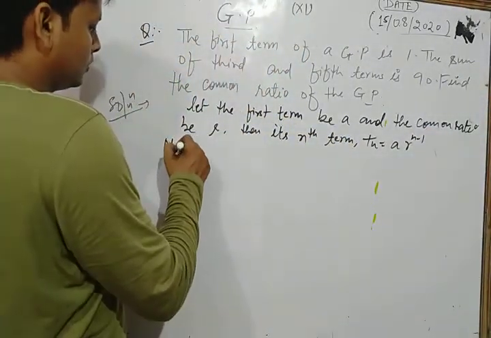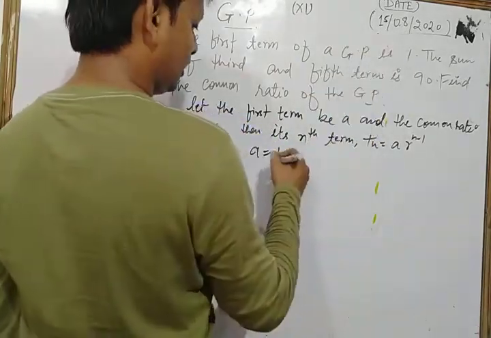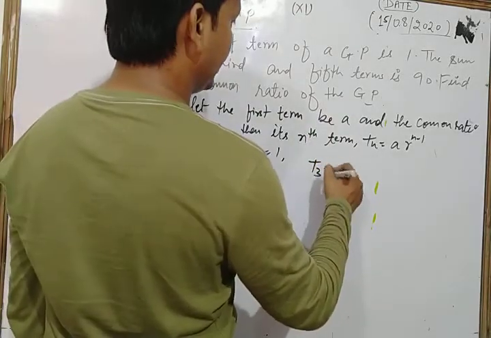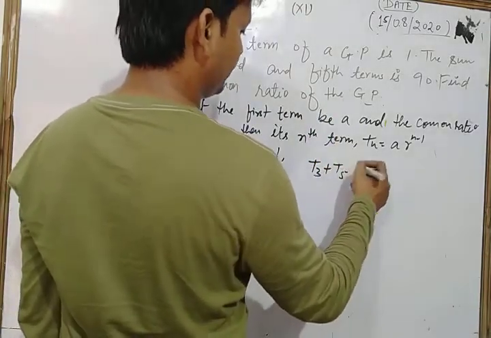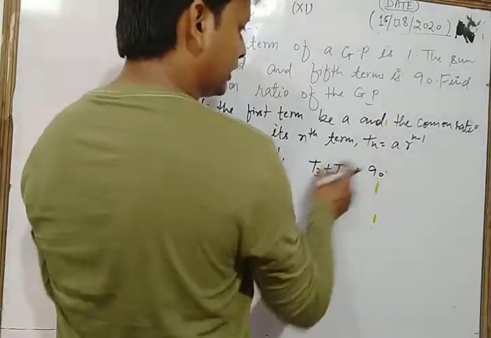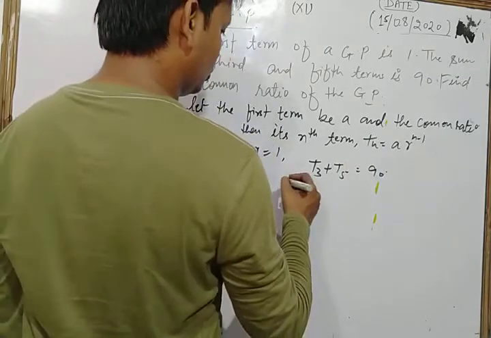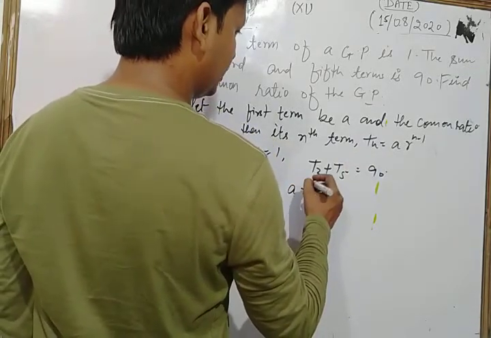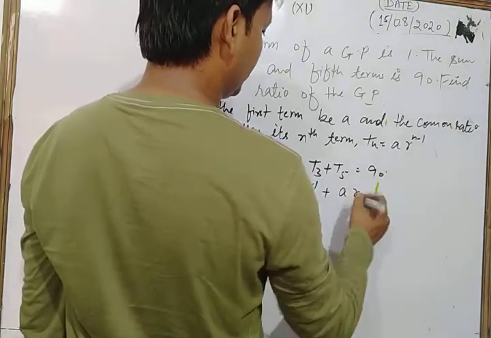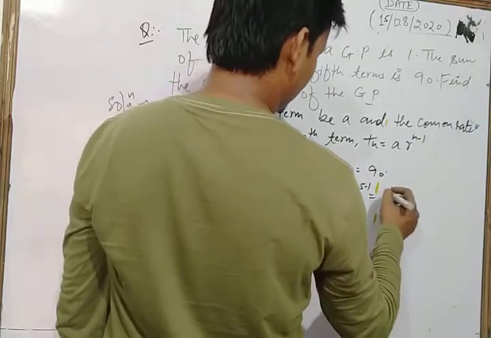Now A is given as 1, and the sum of the third and fifth terms, T3 plus T5, is equal to 90. This is the condition here. Now the third term: we put n as 3, so T3 is AR to the power 3 minus 1, plus AR to the power 5 minus 1 is equal to 90.